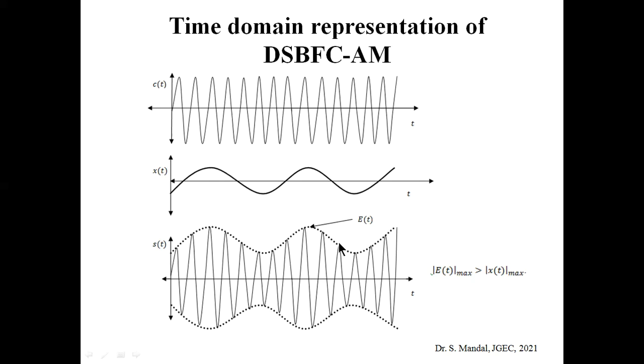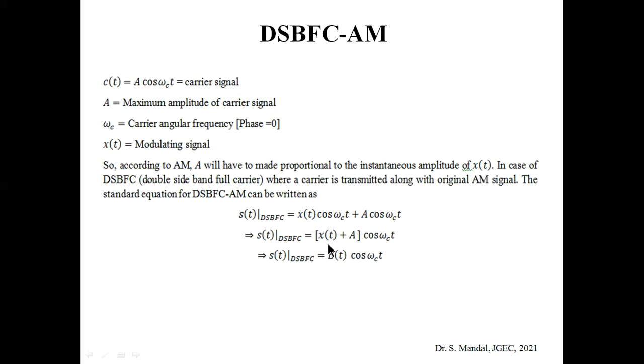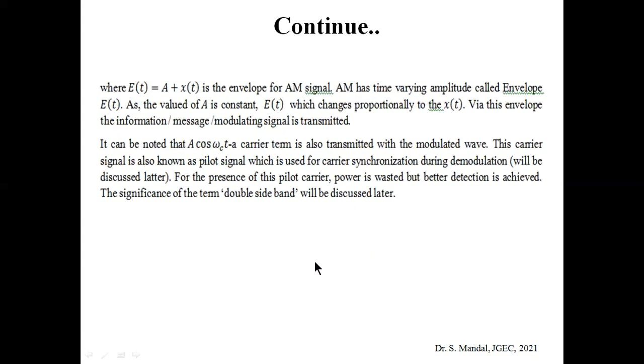Okay, now the equation is A plus x(t). This is the envelope. So in cos ω_c t there will be a high frequency component term, but the amplitude is not constant for the AM signal. In that case the amplitude is A plus x(t).